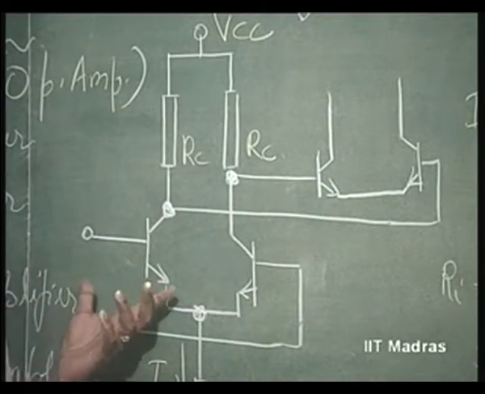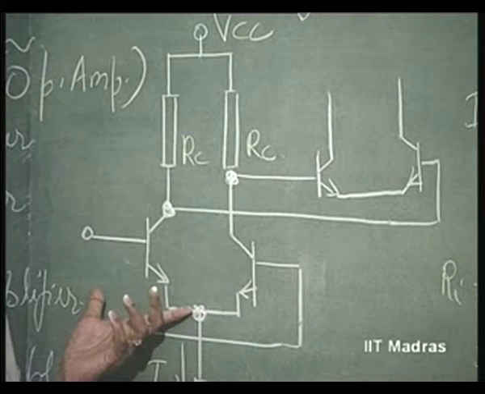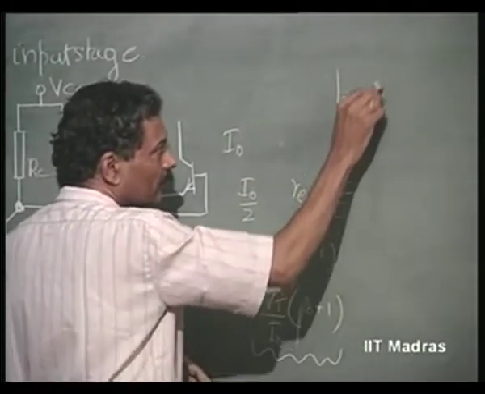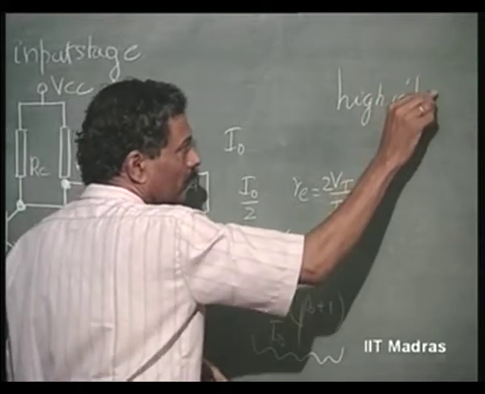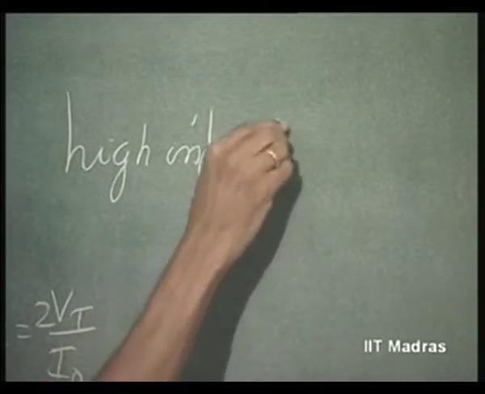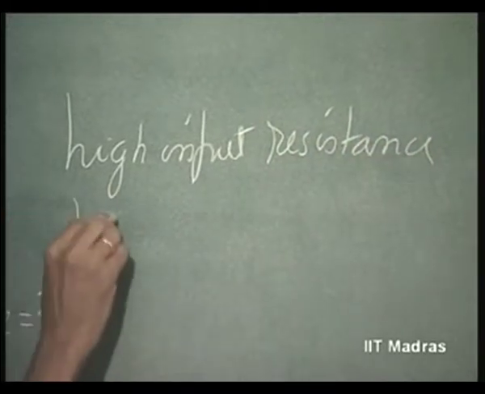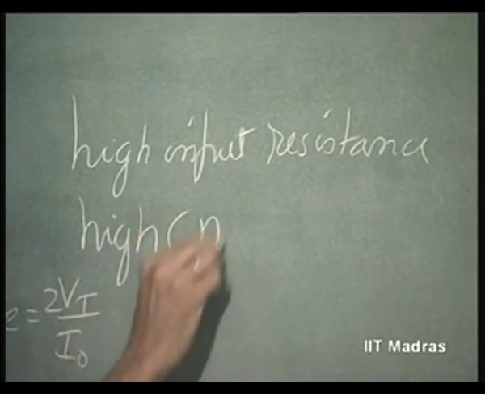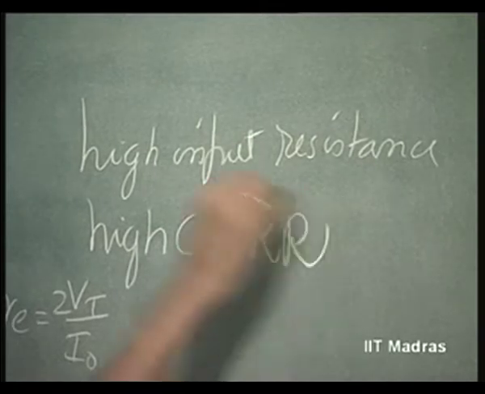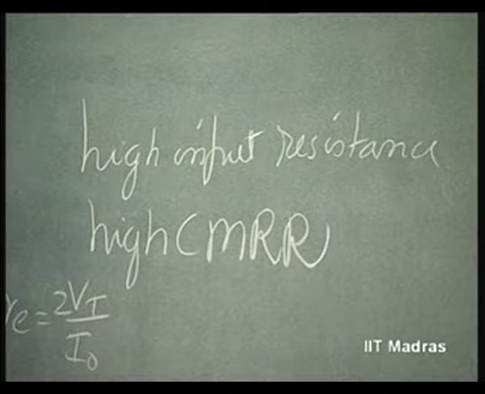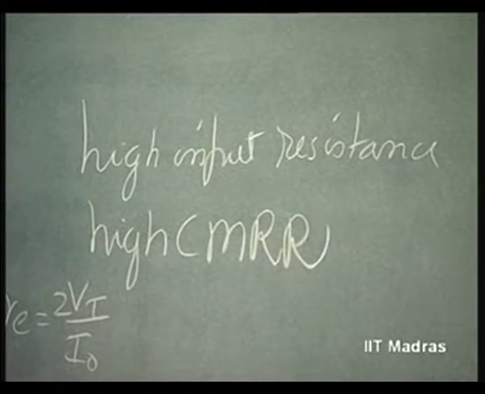Now, that role is the major role. That means, apart from high input impedance, high CMRR is the responsibility of the input stage. Please remember this, right. This is a major responsibility.